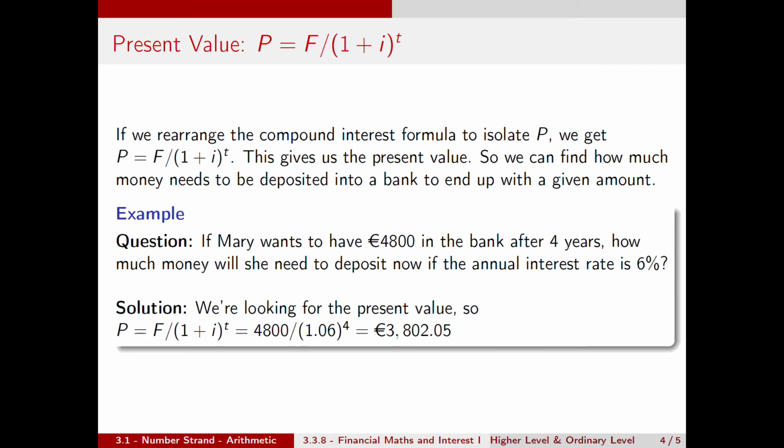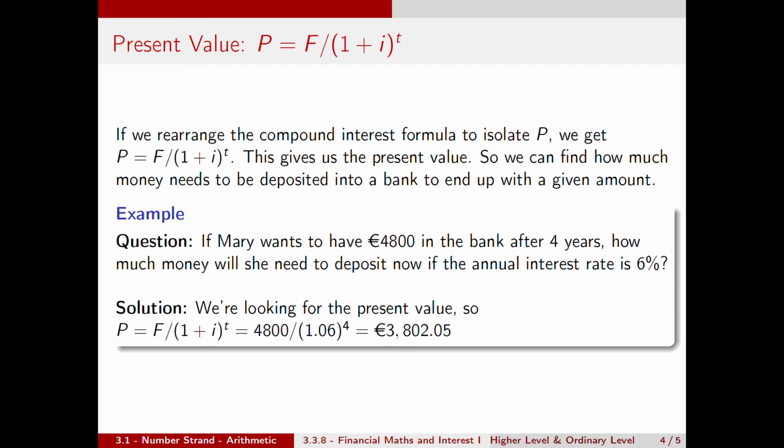For us, Mary wants to have €4,800 in the bank after 4 years. The future value she wants to have in the future is 4,800. We know that T is 4 years, and again the annual interest rate is 6%, or converted to decimals is 0.06. So now that we know this, we can throw all of these things into the formula.